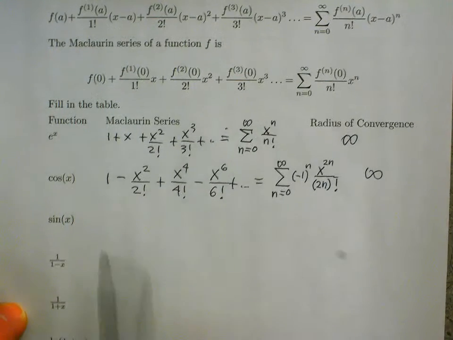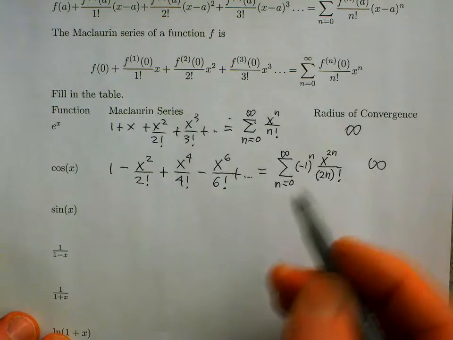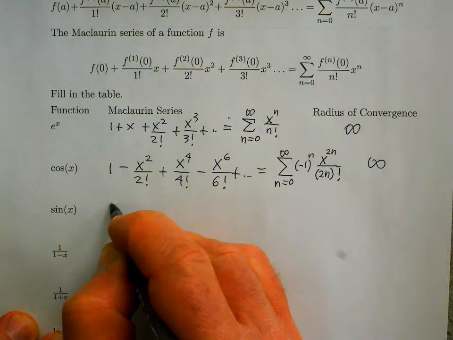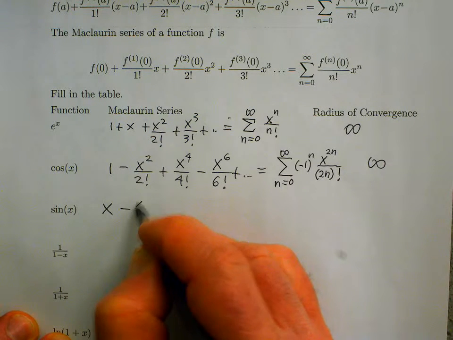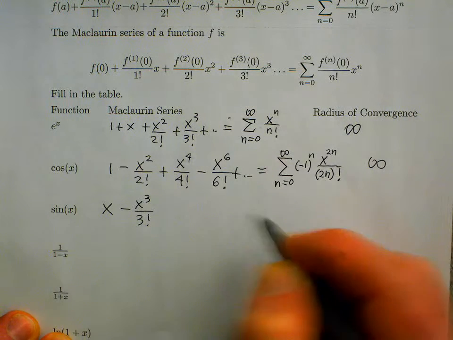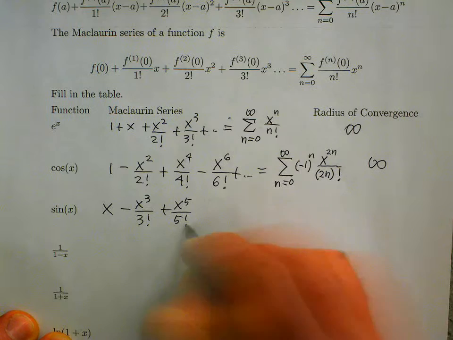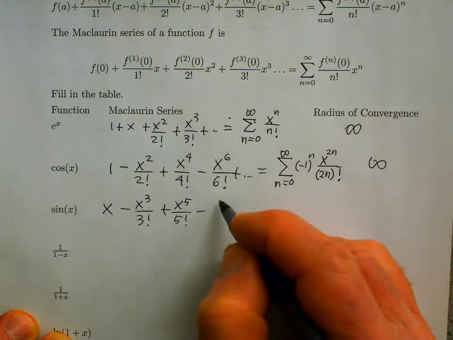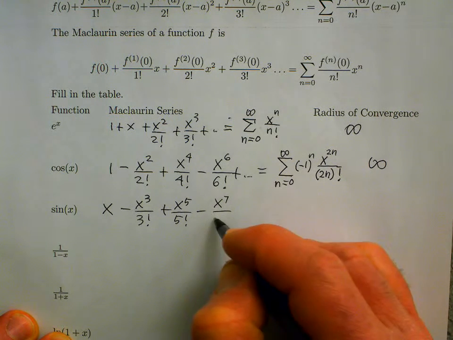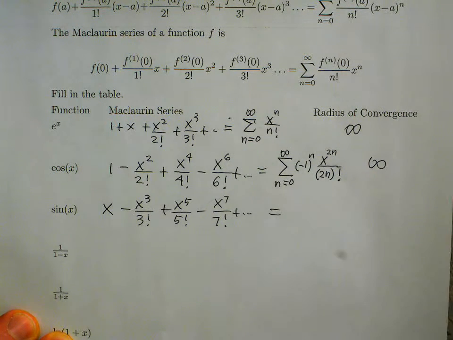Okay, for sine of x, the Maclaurin series starts at x, then it's minus x to the 3rd over 3 factorial plus x to the 5th over 5 factorial, and so on. So this is also alternating.